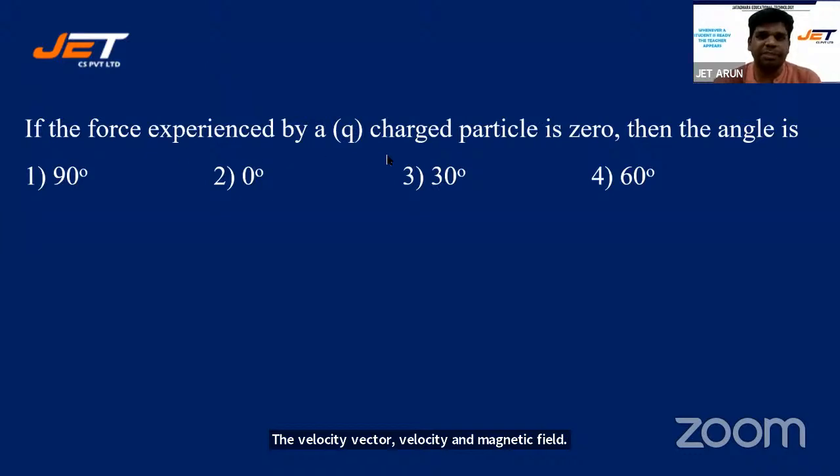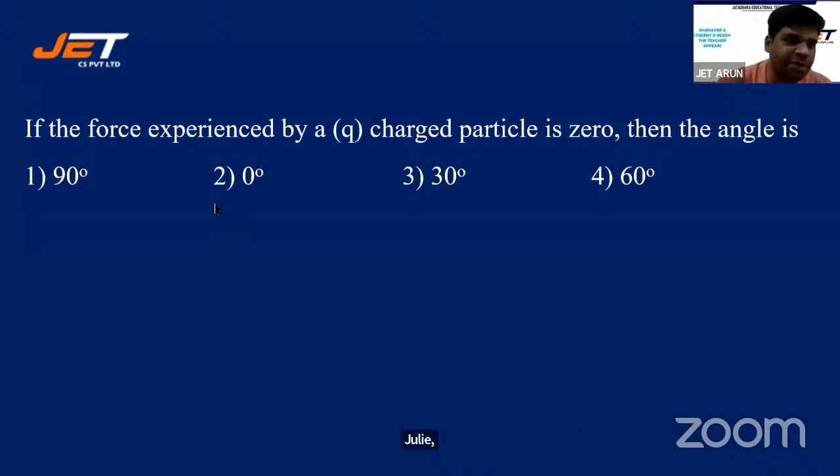If the force experienced by a charged particle is 0, then the angle is 90, 0, 30, 60 degrees. We talked about this. Sin theta is 0, so sin 0 is 0. QVB sin theta, right? Yes, Varun Tej, Bhavna, Gayatri, Riya.